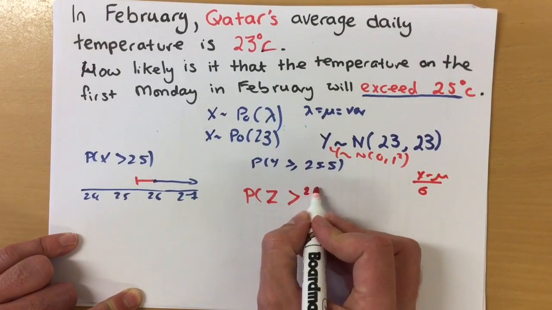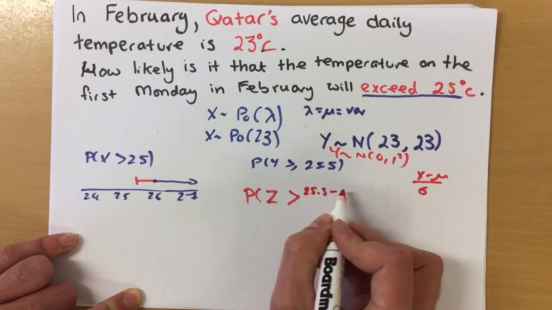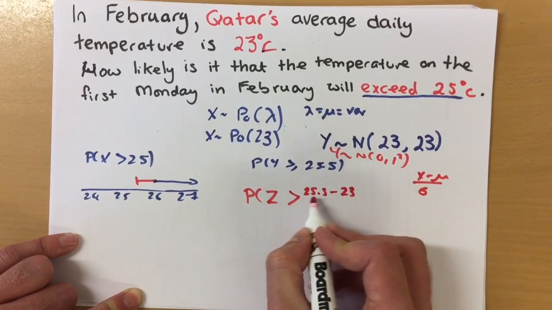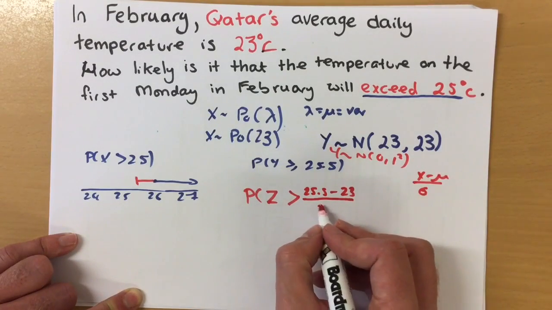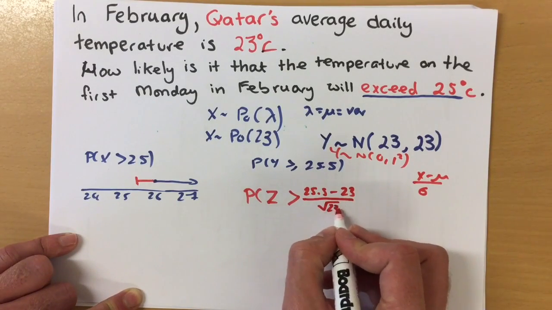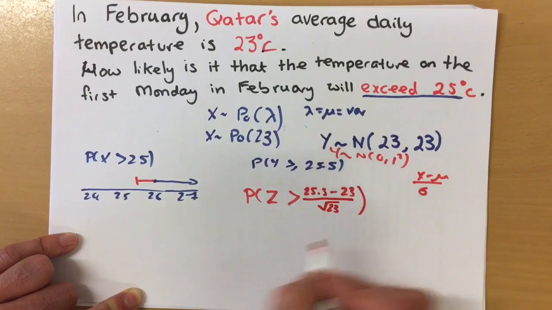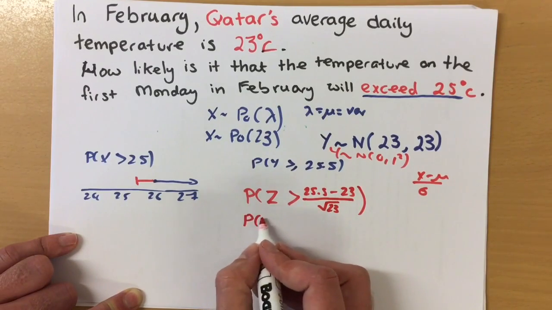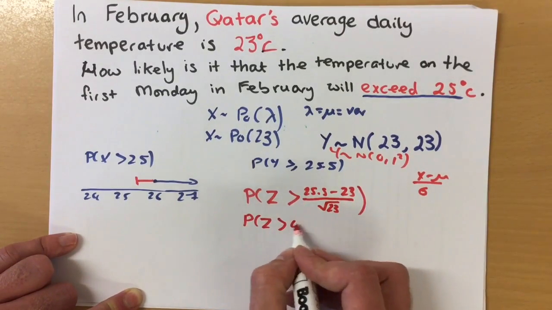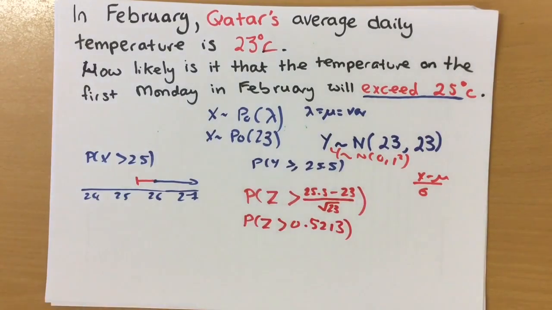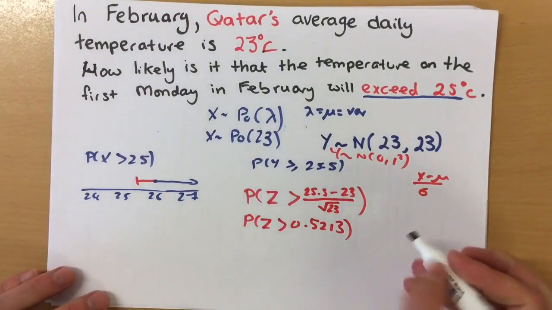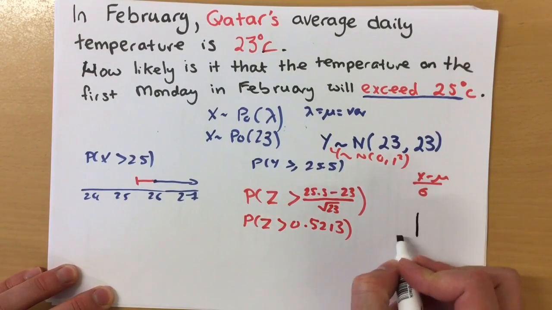So it's 25.5 is our x, take away the mean of 23, over the standard deviation, that's the variance, so you want the square root of 23, which is a probability that z is bigger than 0.5213. And like with any good normal distribution, we're going to sketch ourselves a little graph to see what's going on.